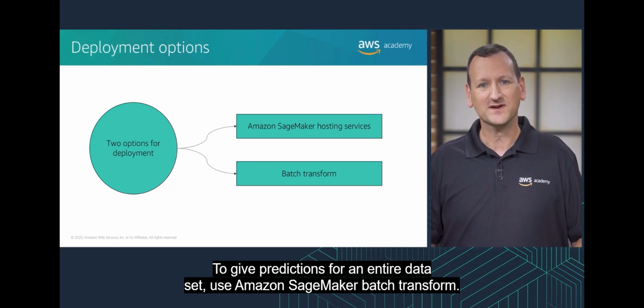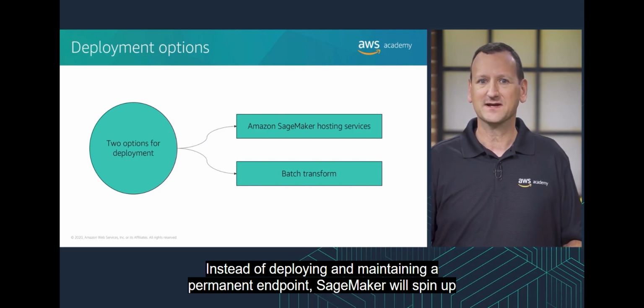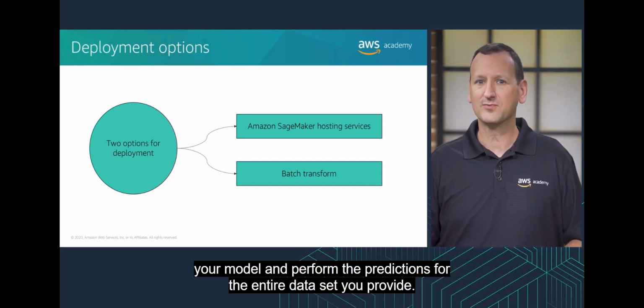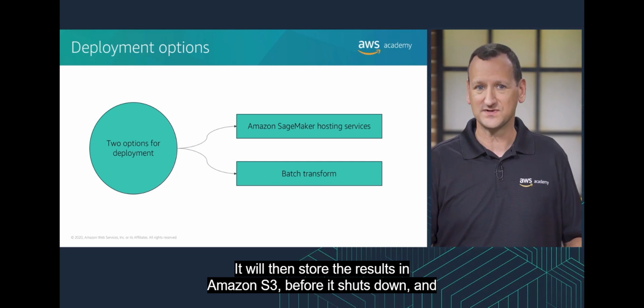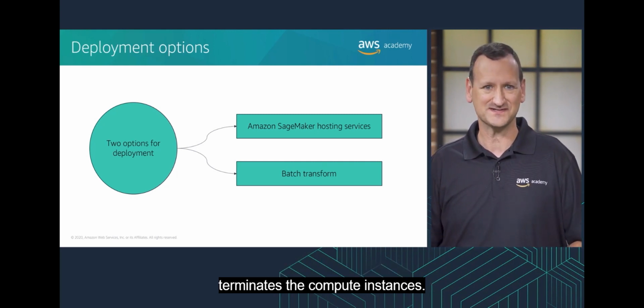To get predictions for an entire dataset, use Amazon SageMaker Batch Transform. Instead of deploying and maintaining a permanent endpoint, SageMaker will spin up your model and perform the predictions for the entire dataset you provide. It will then store the results in Amazon S3 before it shuts down and terminates the compute instances.